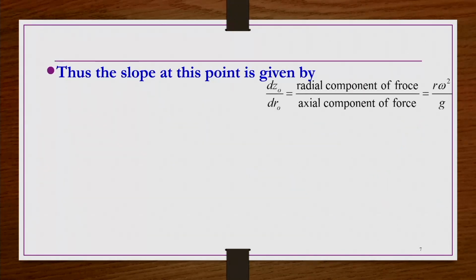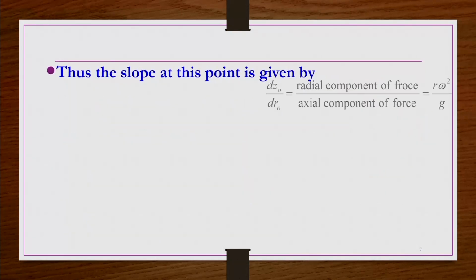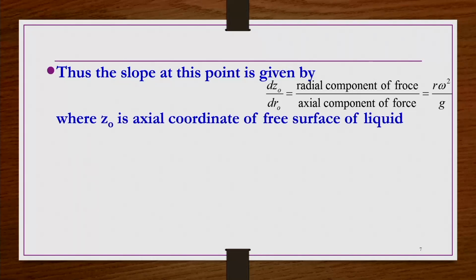Thus, the slope at this point, that is the slope of the tangent you have drawn, is given by dz naught by dr naught, right. So dz naught by dr naught is equal to the radial component of force divided by the axial component of force, that is nothing but r omega square by g, okay, where z naught is the axial coordinate of the free surface of the liquid.